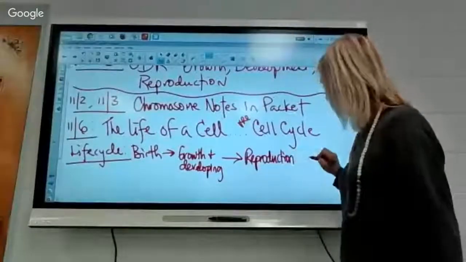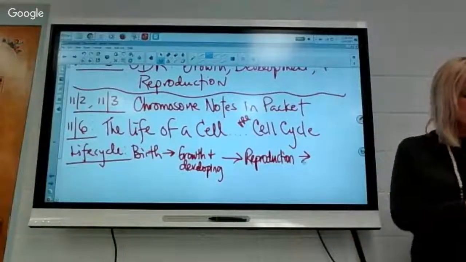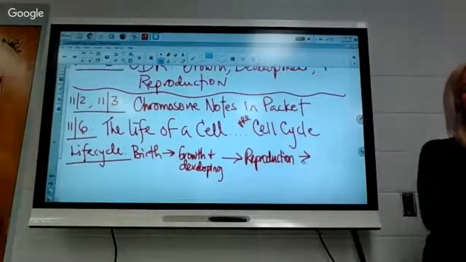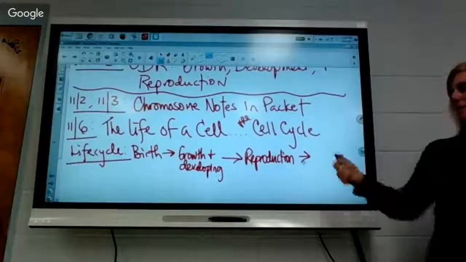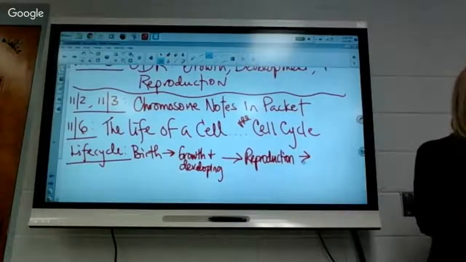Okay? So you can choose to reproduce. What I mean by that is some folks become sexually mature and they're still growing.